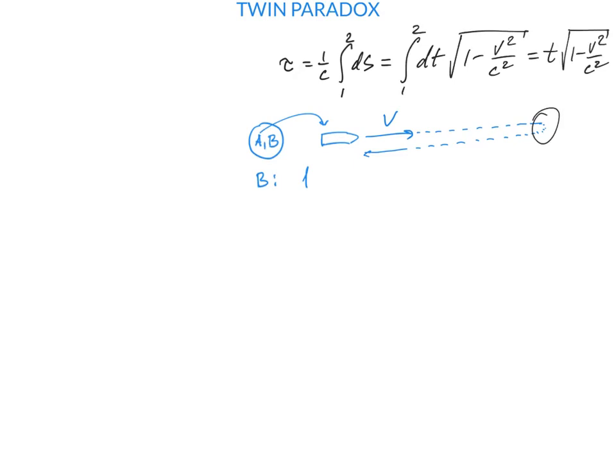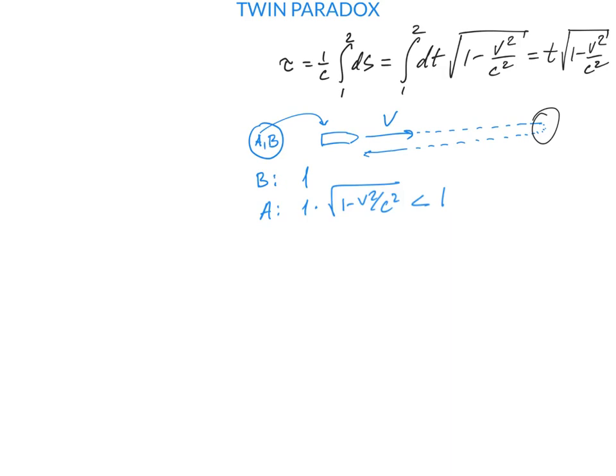So in order to find how much time has elapsed according to Alice's clock, all we need to do is take Bob's 1 year and multiply by the square root 1 minus v squared over c squared. And obviously, we'll get something that's less than 1, so Alice returns younger than Bob.